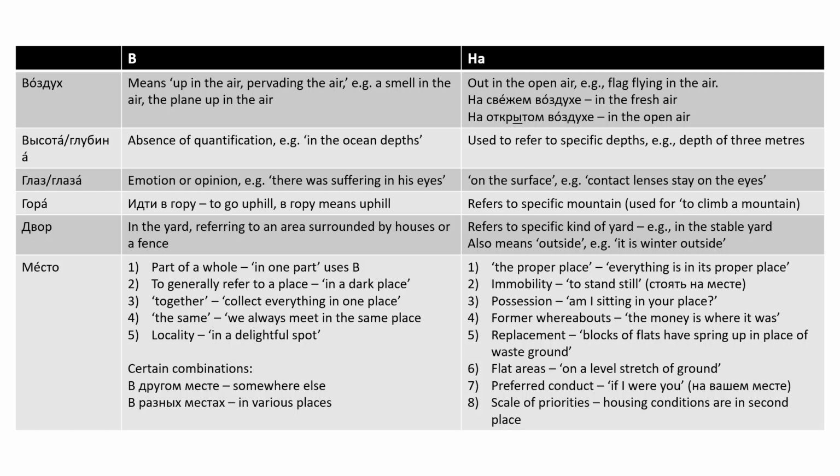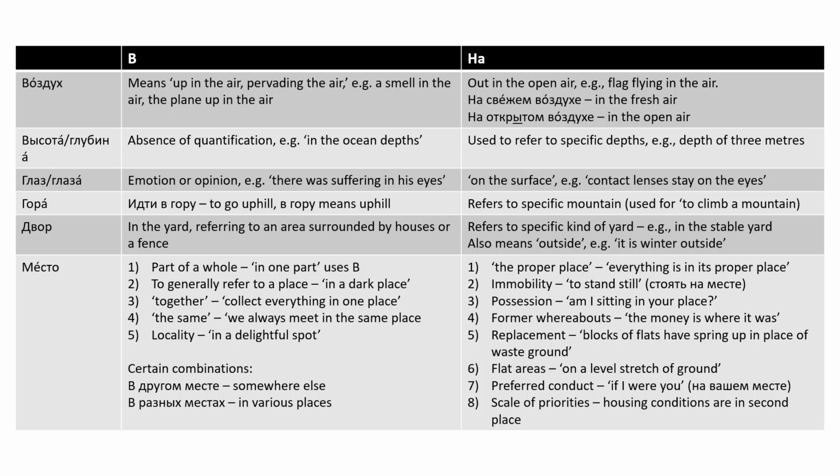Then we have glaz and glaza, so that means eye and eyes. If you're using v with these, then it's to express emotion or opinion. So v glazakh would be in his eyes, and then there was suffering, and then on the surface you would use na to say if there's anything on the surface, so contact lenses, or if he had a bug in his eye, or anything on the surface of the eye, you use na.